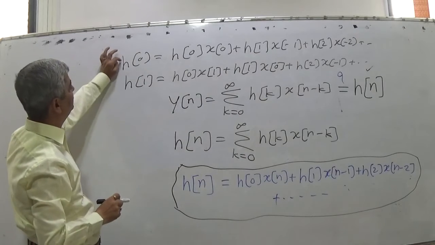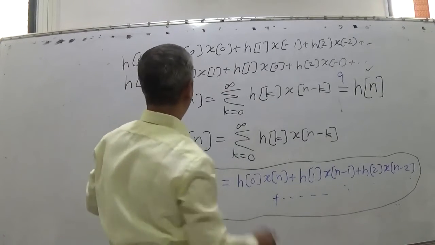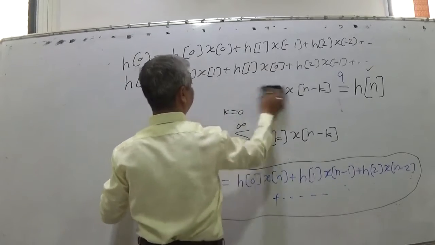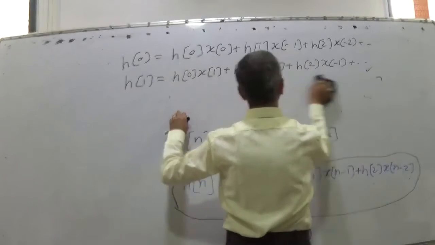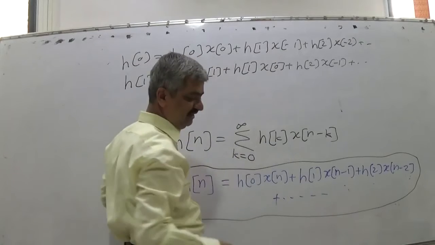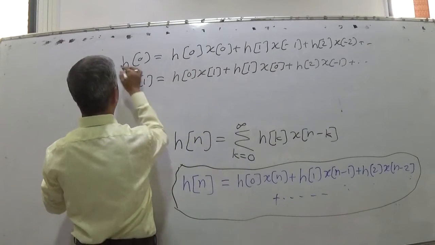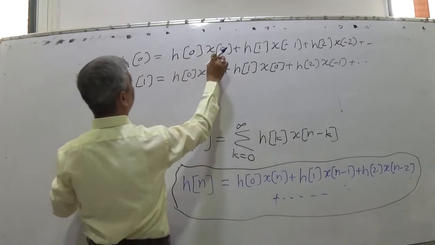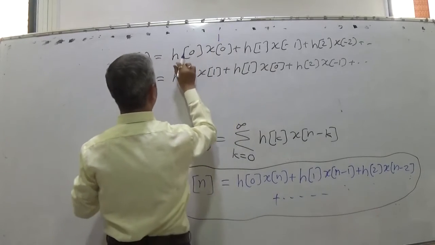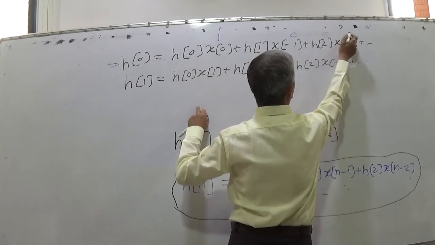So H0 should be this, means what should be in this case? Fortunately, all previous x, for which index is less than 0, I take as 0. So H0 would be, if this must be 1, then H0. This is 0, this is 0, this is 0, no problem.